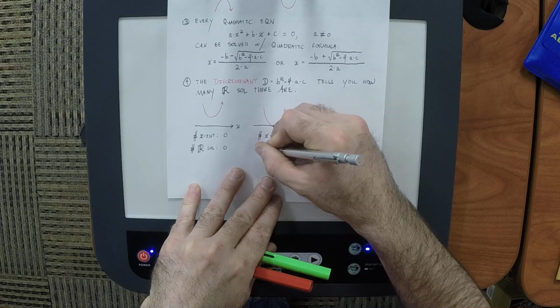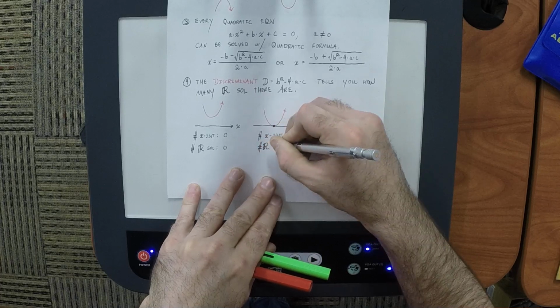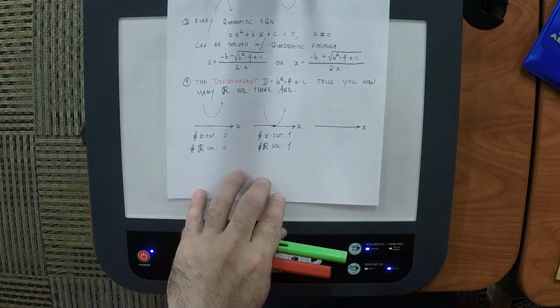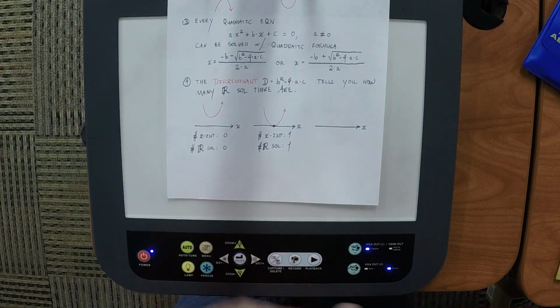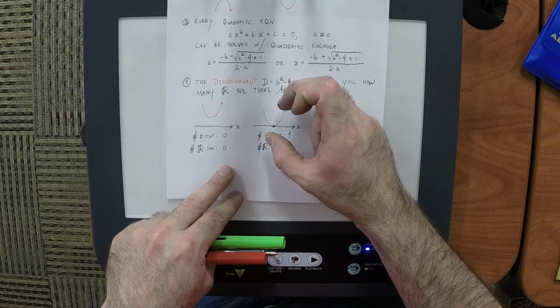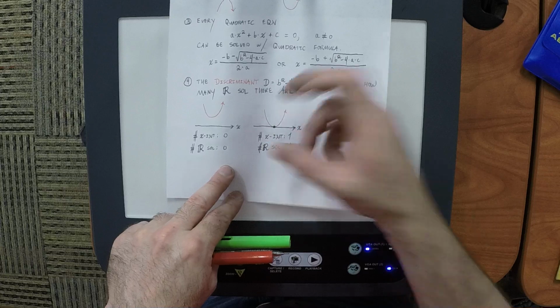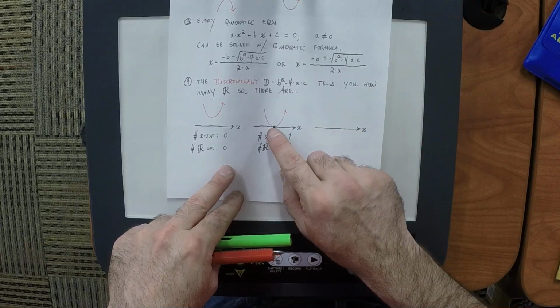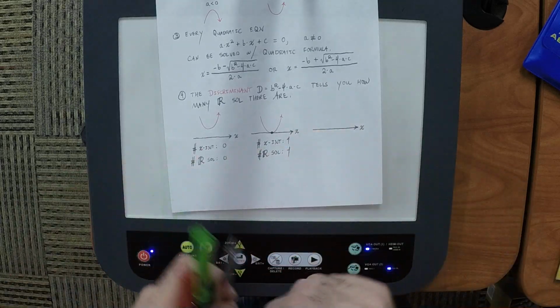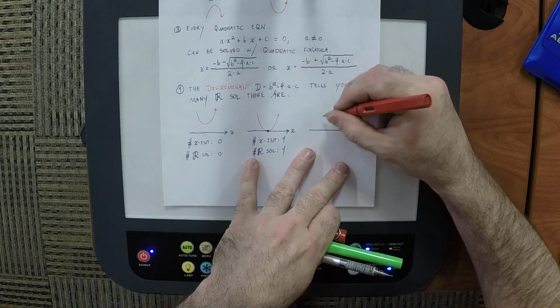And how many real solutions? 1. Okay, then if I grab that parabola and I pull it down any further at all, then this single intercept will split into 2 separate intercepts.